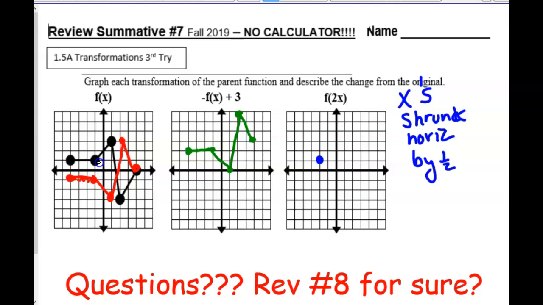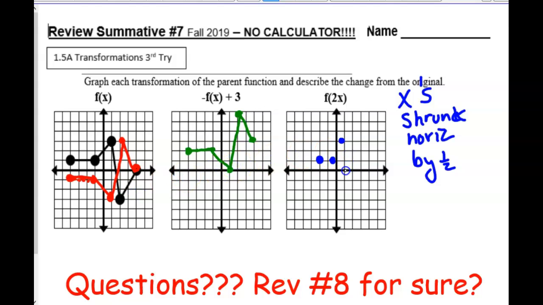All right, this was -1, 1. What's half of -1? -1/2, 1, right there. Okay, this one was 1, 3. 1/2, 3. The y's are not changing. This was 2, -3.